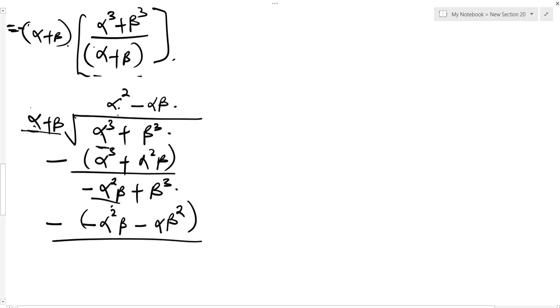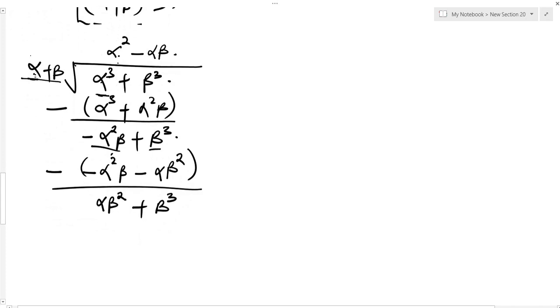Now we will be left with minus times minus alpha beta square, which will give you plus alpha beta square, then plus beta cube.